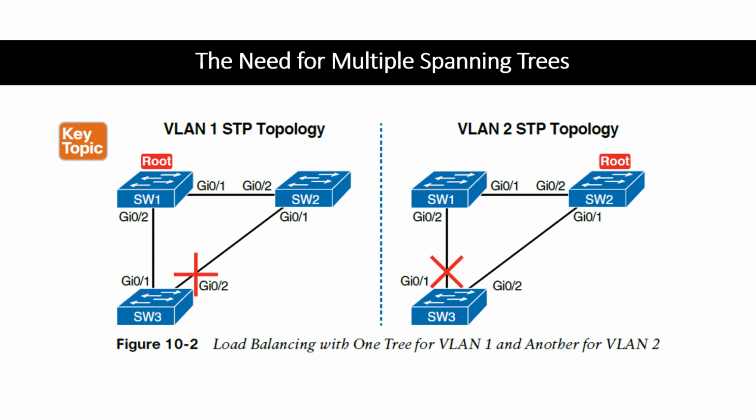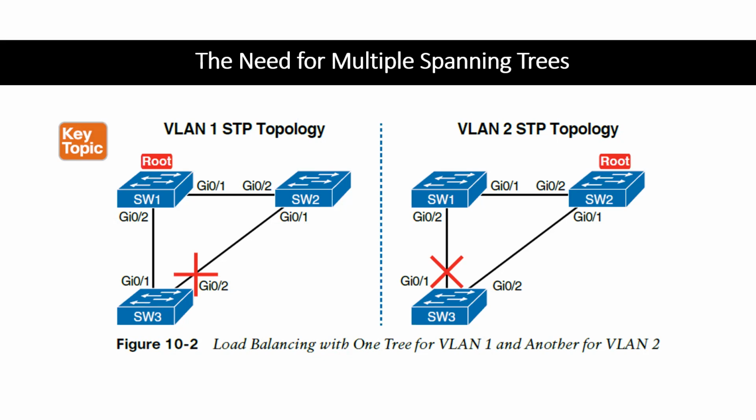It's not very effective because if we had that, our users who need to go out the coax link versus the fiber link are going to take quite a bit of time to get there and will probably be overburdened, because we also have users trying to get to the fiber link router. So the traffic is not going to be load balanced properly if everybody's plugged into switch 3.